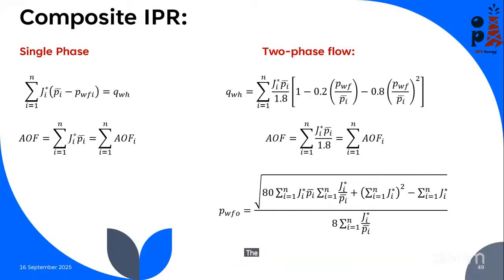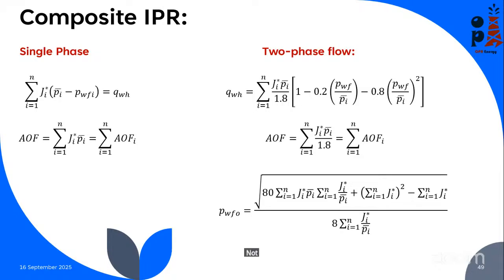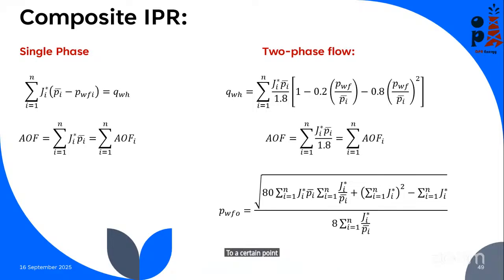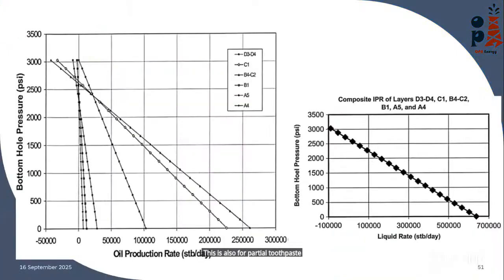So all pressures are related together, not each pressure, because it would not make any sense to calculate pressure for each layer in its own place. You can convert it to a datum point, so everything holds up. This is also for two-phase flow. Finally, you have this individual IPR.